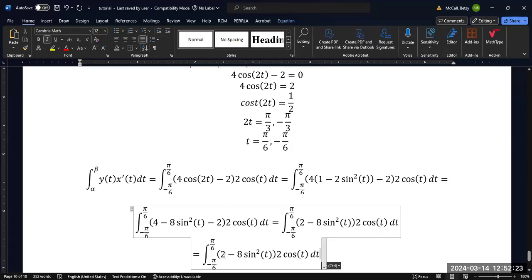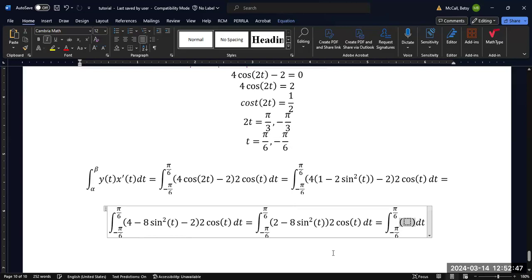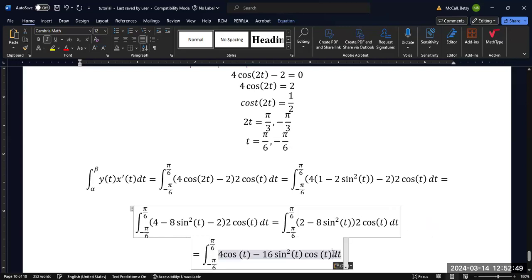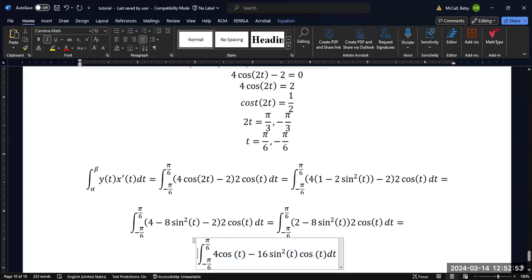So 2 times 2 is going to be 4 cosine t, and 2 times 8 is going to be 16 sine squared t cosine t. And then we just have 2 terms, and we can take out the parentheses like so.